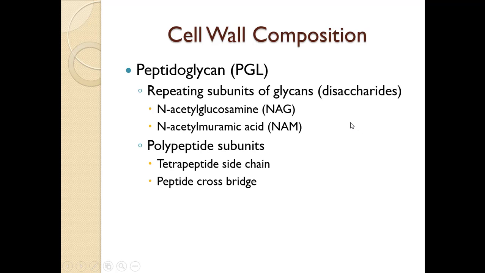And then these polypeptide subunits are a tetrapeptide side chain and peptide cross bridge. This is basically telling you how it's made up of these proteins and disaccharides, right? So this is how these peptides form.